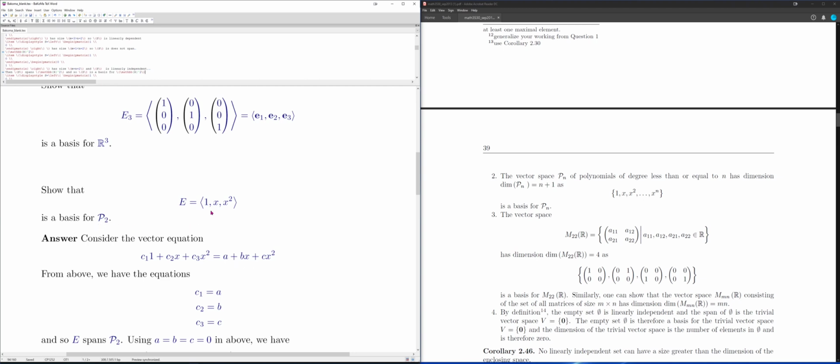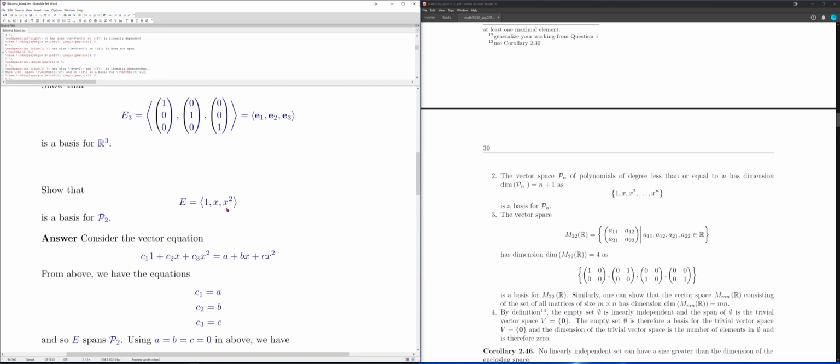Well, we showed previously that 1, x, and x squared form a basis for this vector space. So the basis is 1, x, and x squared, and the dimension of this P2, polynomials of degree at most 2, is 1, 2, 3.